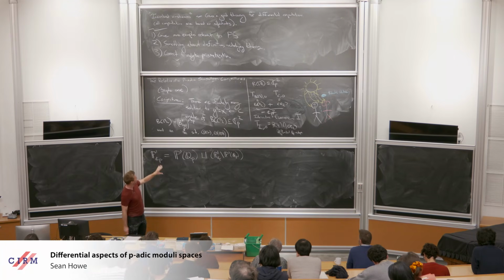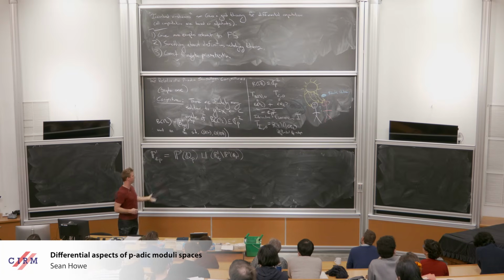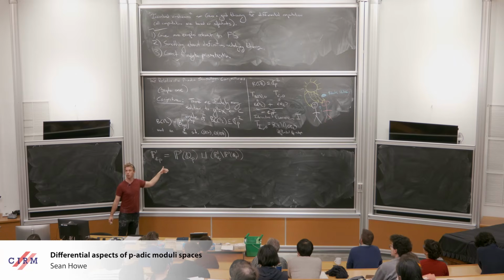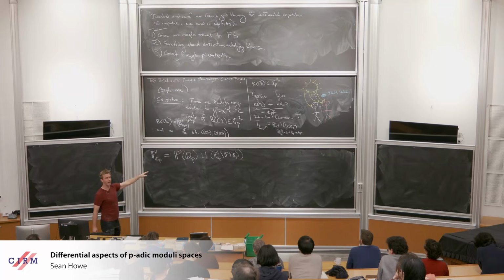The stratification comes from taking a trivial bundle and using the data of a filtration or a lattice, and in the more general case, making some modification on the Fargues-Fontaine curve, and that produces some new vector bundle, and then you stratify it based on the isomorphism class of that vector bundle that you get. That doesn't really matter for what I'm going to do. I'm just going to tell you something about these strata in some cases.